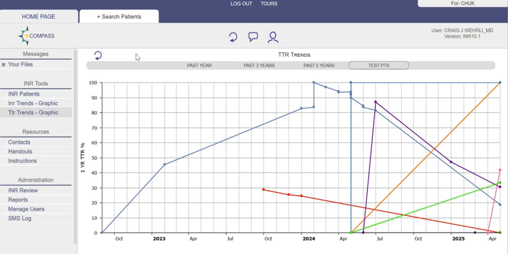We can calculate that statistically by comparing the TTR in last year versus the TTR of the same group of patients this year, and determine whether or not the COMPASS program has been a benefit.